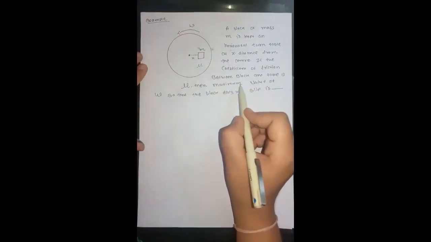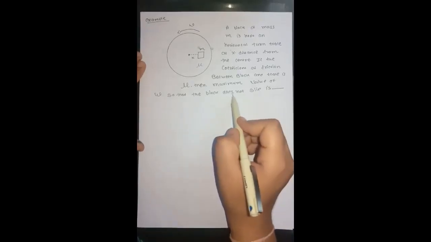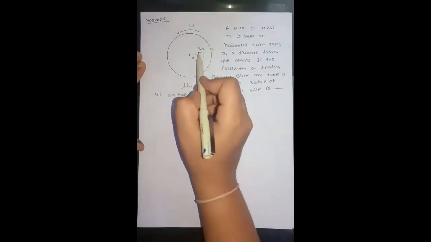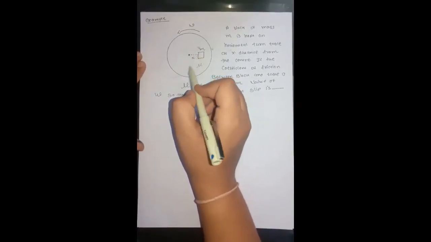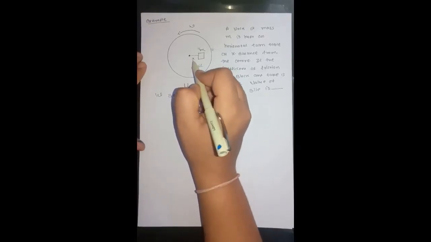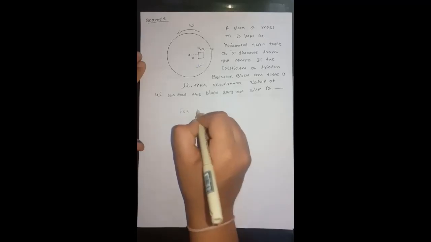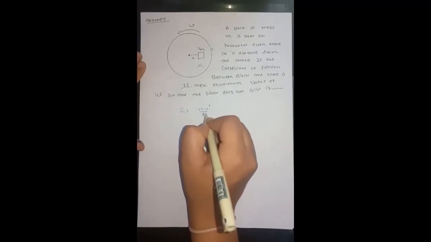We want to find the maximum value of omega so that the block does not slip. Here the block will rotate with the turning table. To rotate, the centripetal force is required. Let's say the centripetal force is mv square by r.